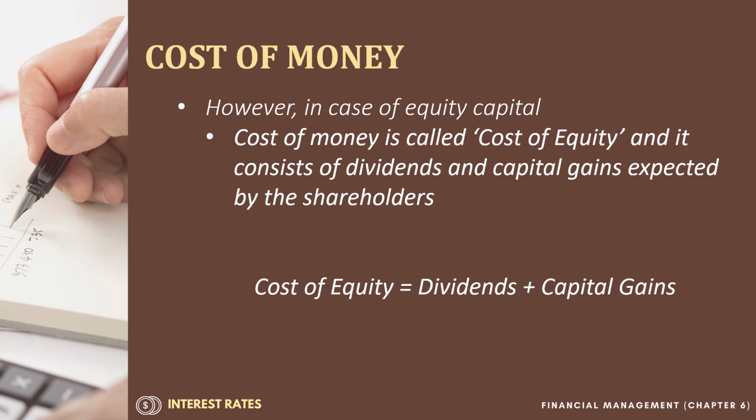Now again, dividends are the profit made by the company and chosen to be distributed to its shareholders, while capital gains are the profit made by the shareholders through trading of securities. Now, to compute the cost of equity, we have here dividends plus the capital gain.